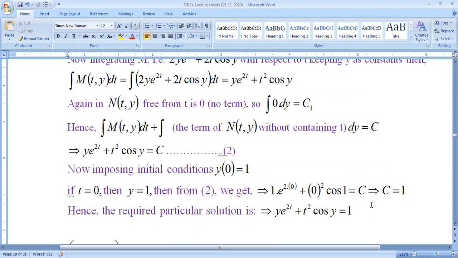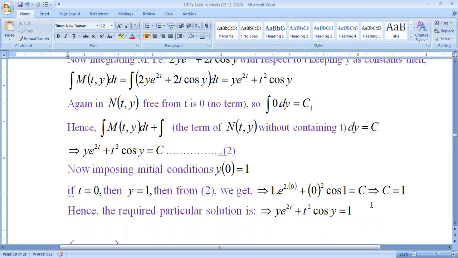Remember it, there are three types of solution. From our first lecture, we must know about the solutions of a differential equation: singular solution, particular solution, and general solution.